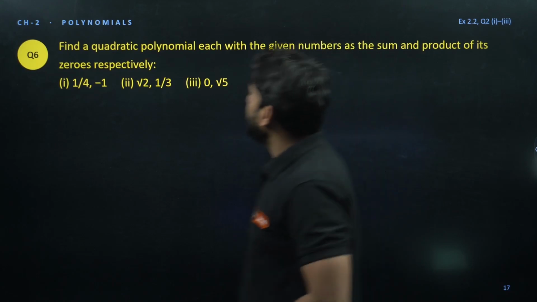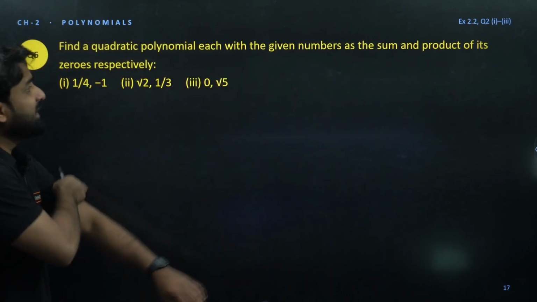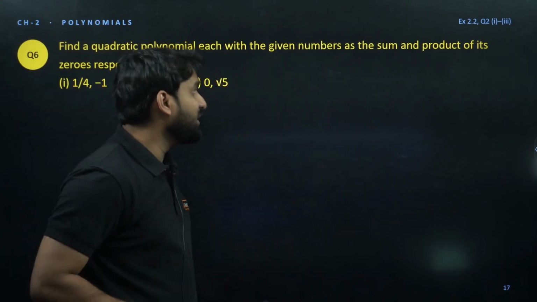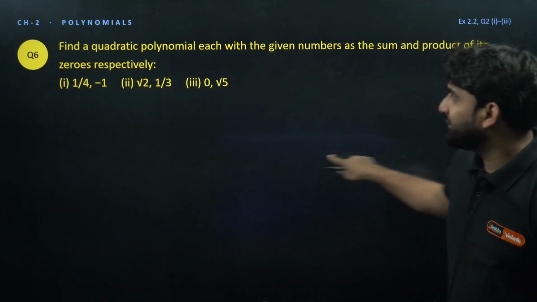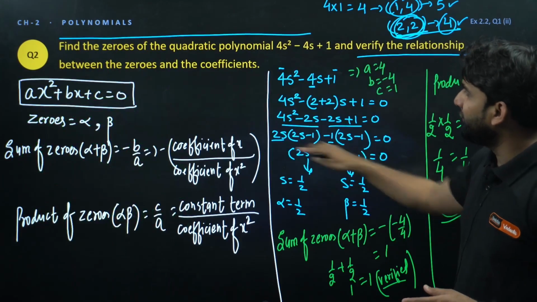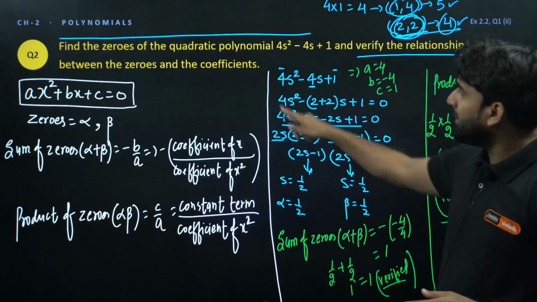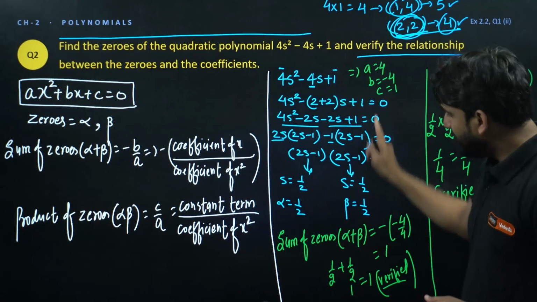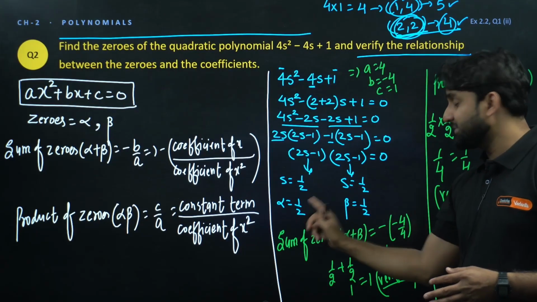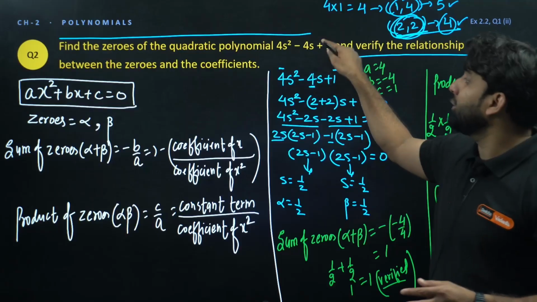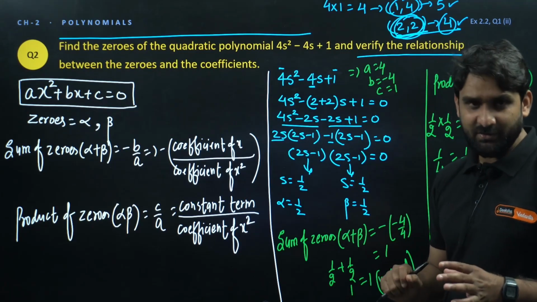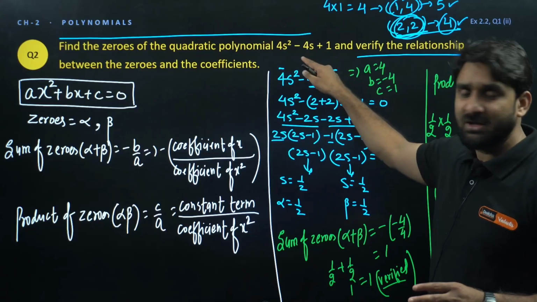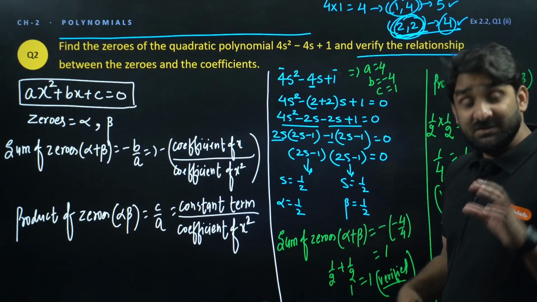Now find a quadratic polynomial, each with the given numbers as the sum and product of its zeros respectively. So listen, champion. So far we have solved a quadratic polynomial and calculated its zeros. The quadratic polynomial is given and we are finding its zeros, right everyone?